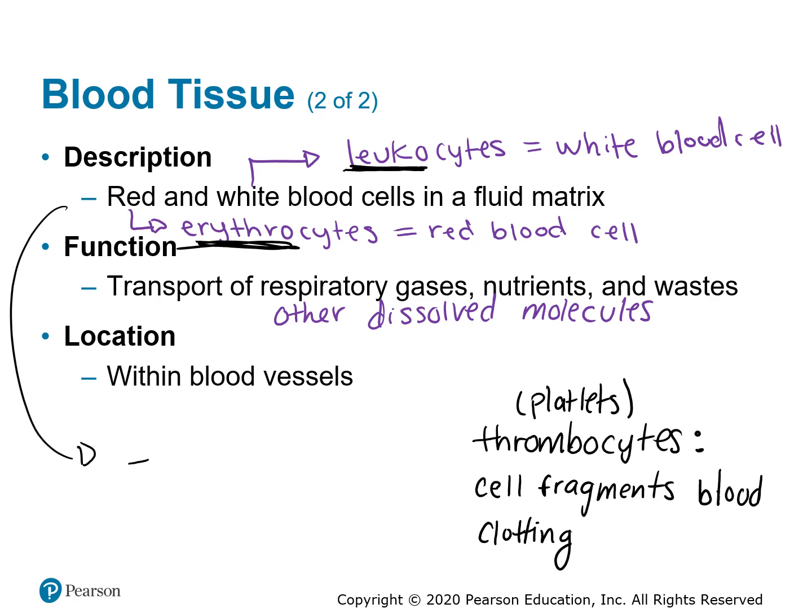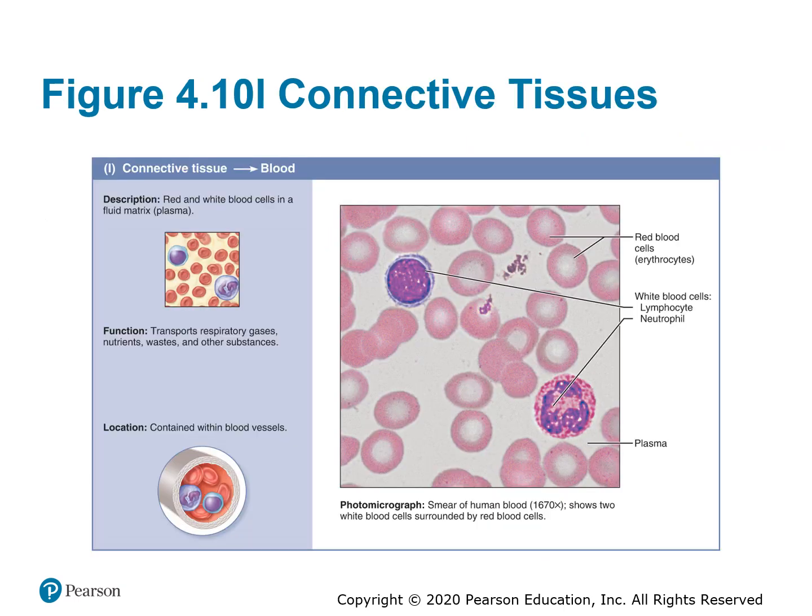If you haven't seen Cells at Work, go watch Cells at Work. All right, so like I was saying, blood hanging out in its fluid matrix, which is very similar to the extracellular matrix of all the other tissues, but in this case it's plasma, transporting gases, other substances, waste, nutrients, our red blood cells, we got our white blood cells, we got some platelets here and there, and there's 5 main different types of white blood cells, but we'll get into that when we get to that chapter. Okay?